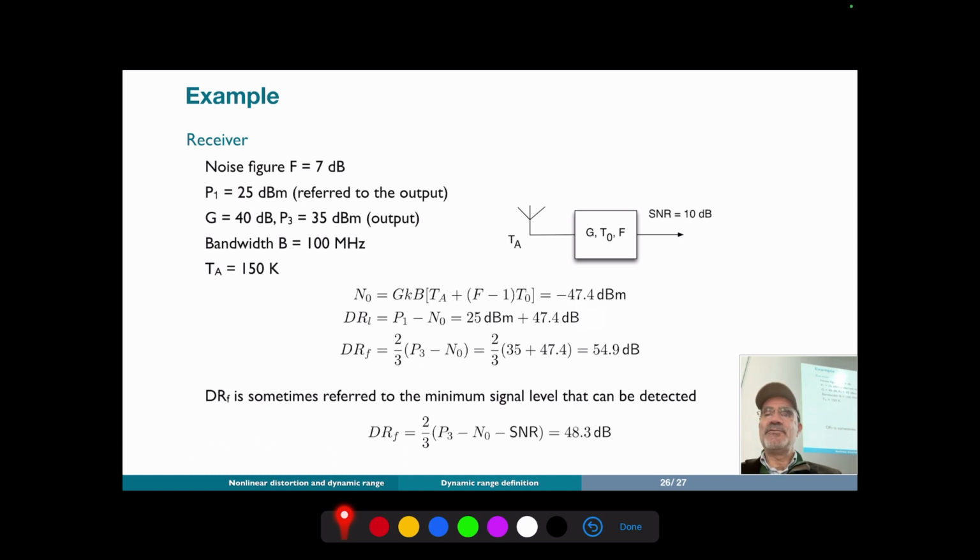And so from this result, we can determine the linear dynamic range, because it's P1 minus N naught in dB. So P1 is 25 dBm.